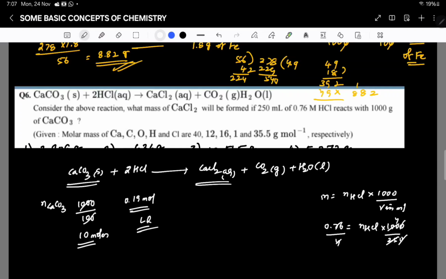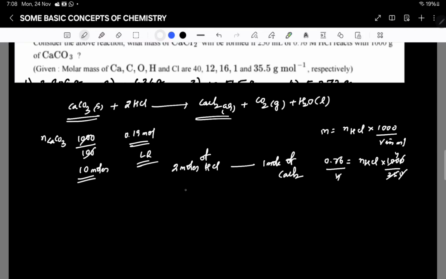Simple, student, right? Now, 2 moles of HCl gives 1 mole of CaCl2. Am I correct or not, student? Now how many moles do we have?